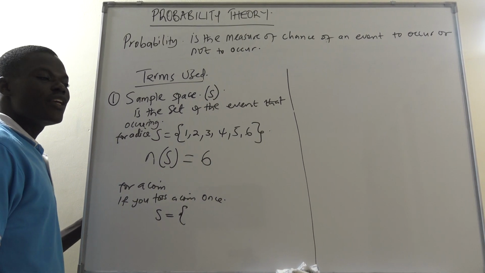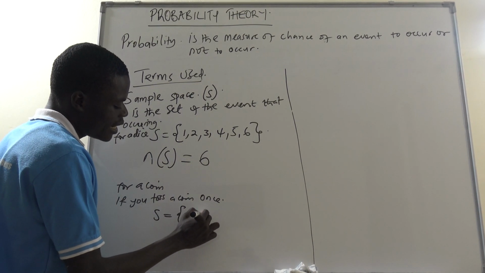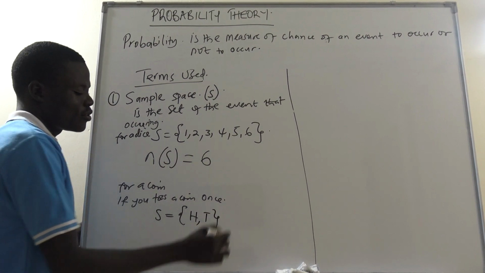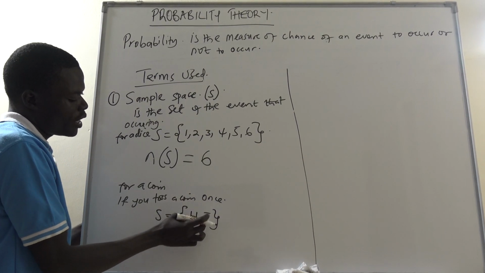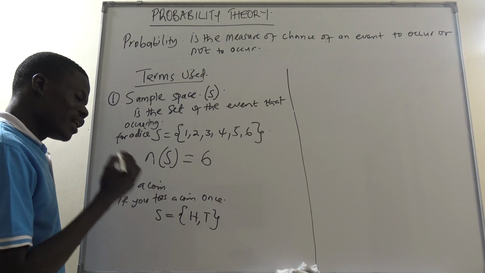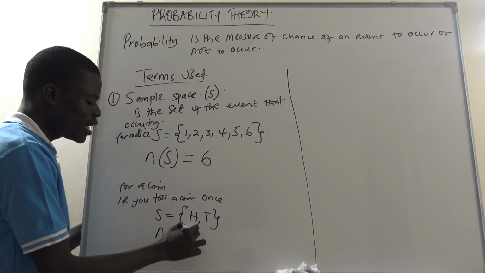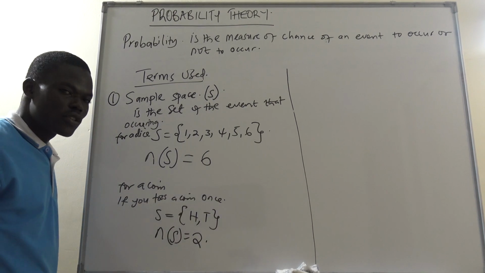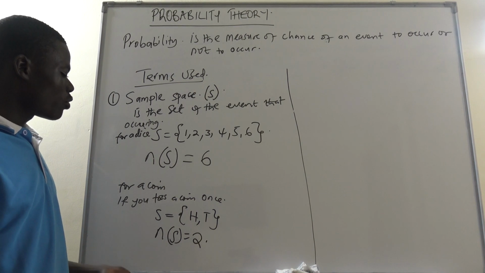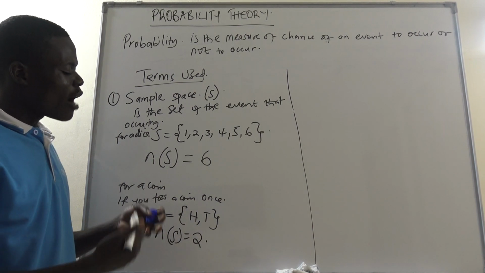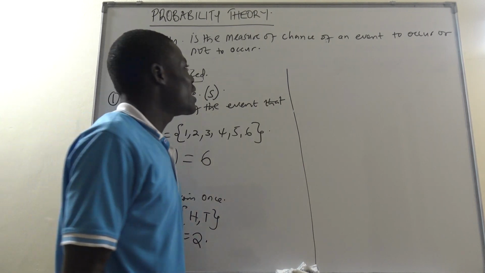For a coin, you know that a coin has a head and a tail. So our sample space for a coin will be a head and a tail. So our number of sample space will be 2. Otherwise, if you toss a coin once, getting a head will be determined out of the sample space of 2. That is our first term.